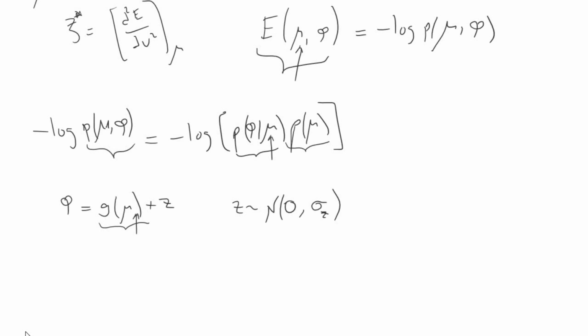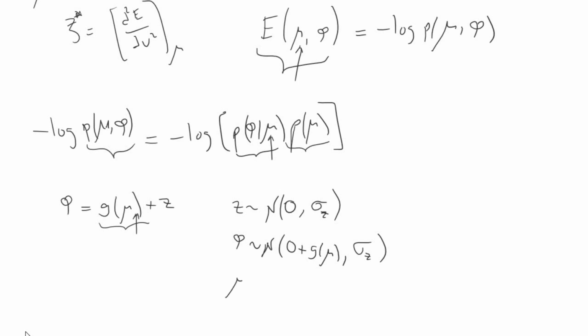And because we're adding a constant to it, we're interested in what phi is distributed as. Phi is going to be distributed as the mean plus whatever the constant was, which is g of mu, and the variance will stay the same since we're only adding a constant. So now we have a distribution for phi given mu, which is this, and we can write this down in the form of a PDF.